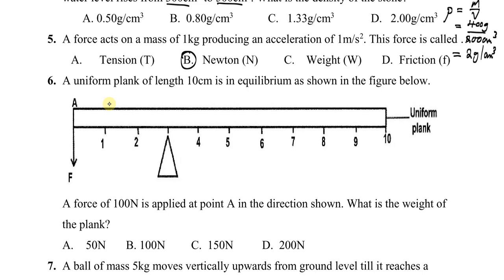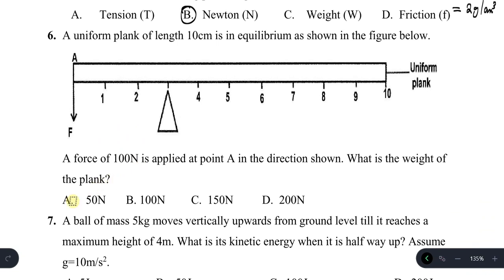Then we go to question 6, which says a uniform plank of length 10 centimeters is in equilibrium as shown in the figure below. We have this uniform plank here, which has the length from end A to somewhere here, which is actually 10 centimeters, as you can see.